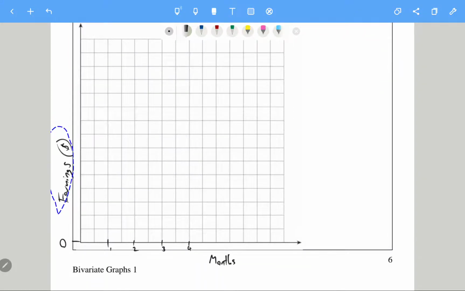Well, I could try a few different ones, but in the end, I think the easiest one to do would be something like, well, 5, 10, 15, 20, 25, 30, 30. Oh, not enough. I'm going to have to try something a little bit better. Let's try 10, 20, 30, 40, 50. Perfect. So that one works just perfectly.